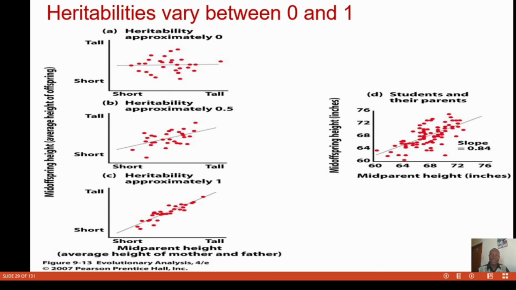In B, if it is regressed and it looks like a line from short to tall, we can say it is approximately 0.5. And if it assumes a more straight line, we can say the heritability estimate of what is transmitted is approximately 1.